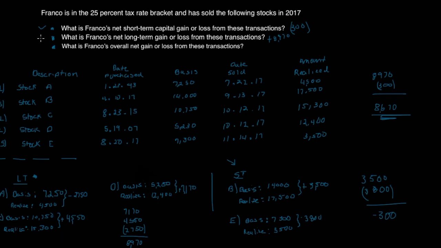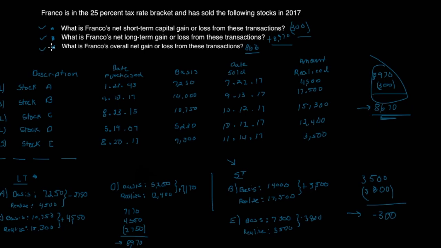Okay, and that's good. And then what is Franco's overall net gain or loss from these transactions? So that is when we took our long-term capital gain, and then we took our short-term capital loss. We netted those up here, and then we got $8,670. Okay, so these are all of your answers right here.